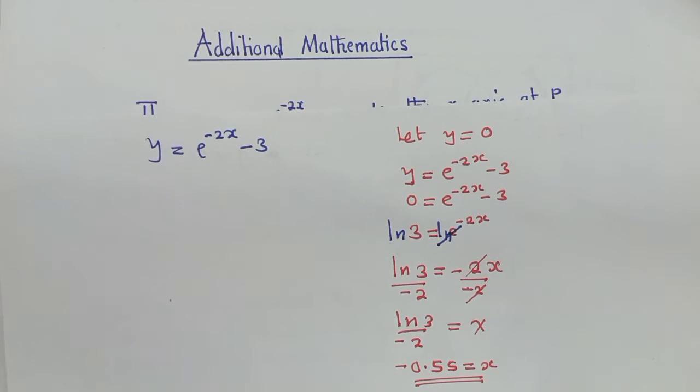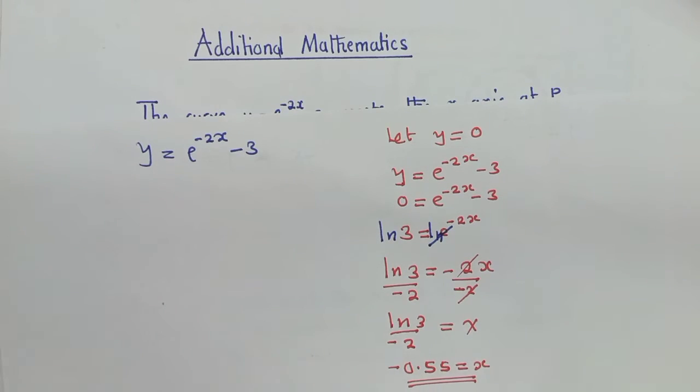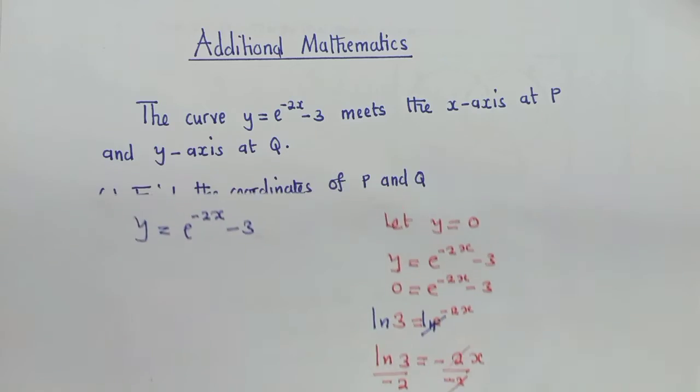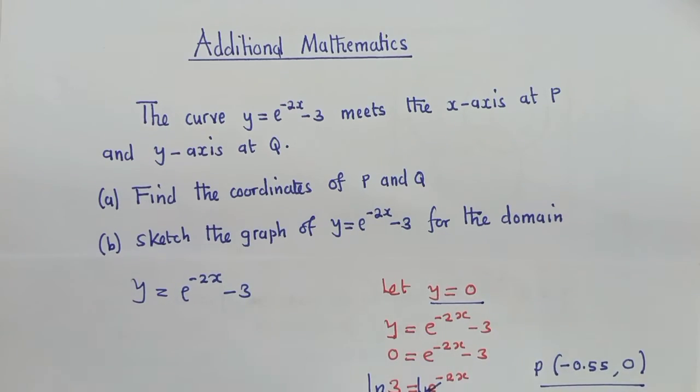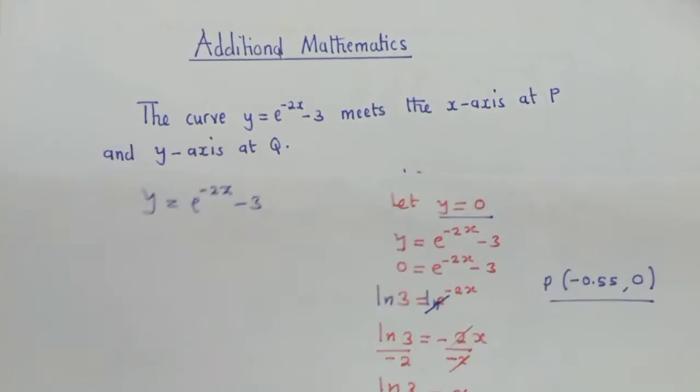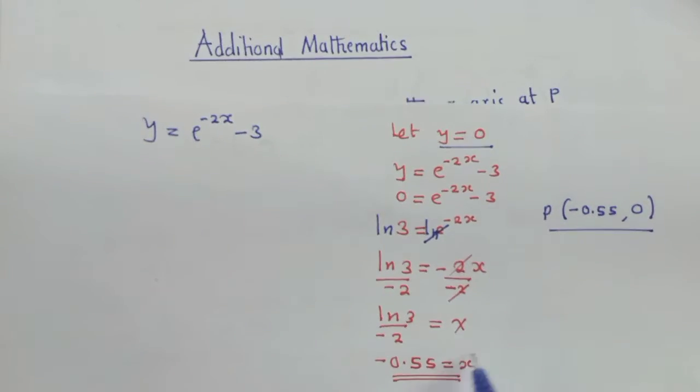So that's what we will do now for point P. We can put right here, point P, x value is negative 0.55, comma, y value is 0. So this is our answer. The y value is right here and the x value is right here.